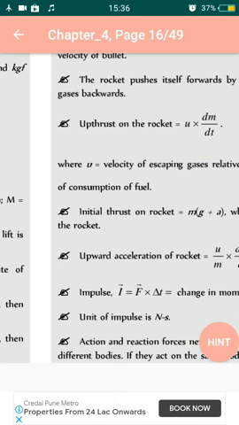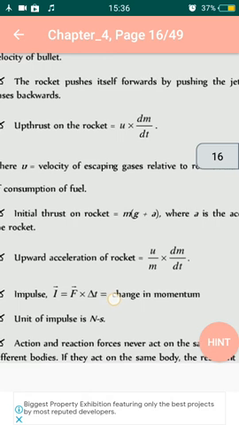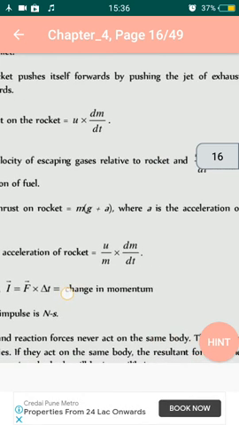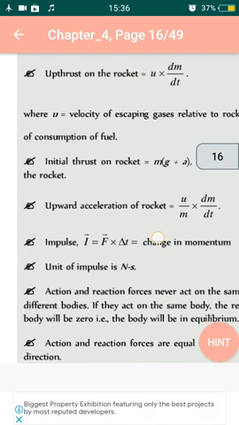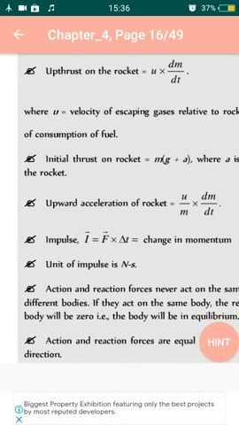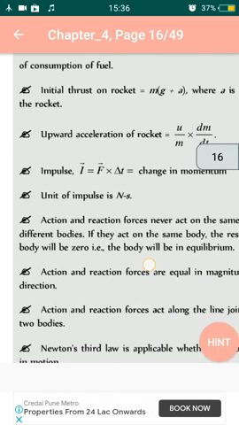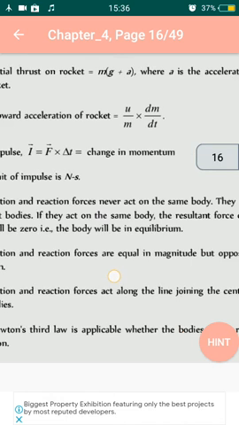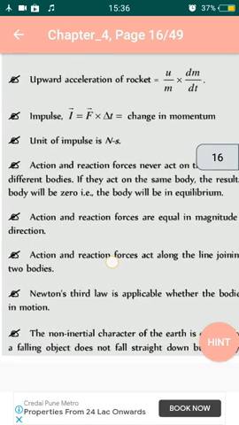The next point, initial thrust on the rocket equals m(g plus a), where a is the acceleration of the rocket. The next one, upward acceleration of the rocket equals u by m into dm by dt. Impulse I vector equals F into delta t, the change in momentum. The unit of impulse is N-s.